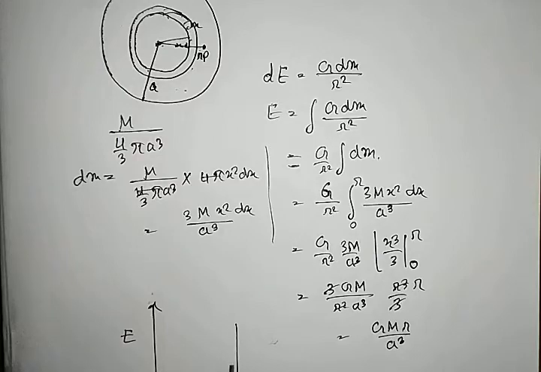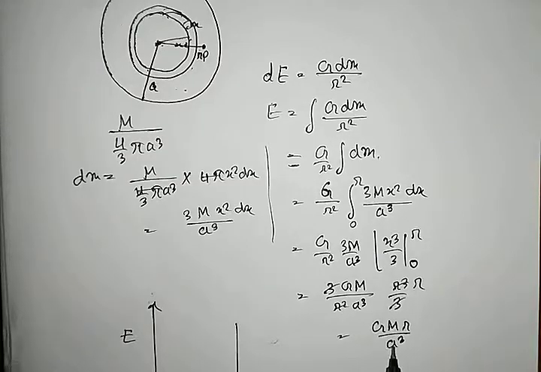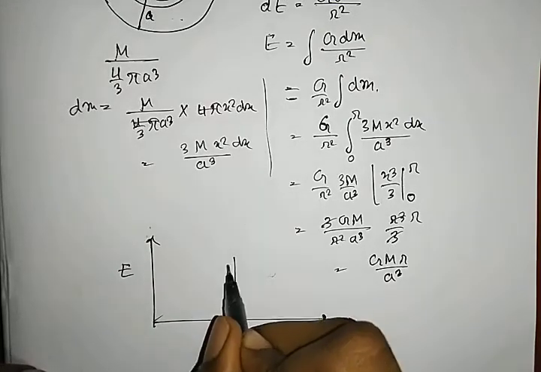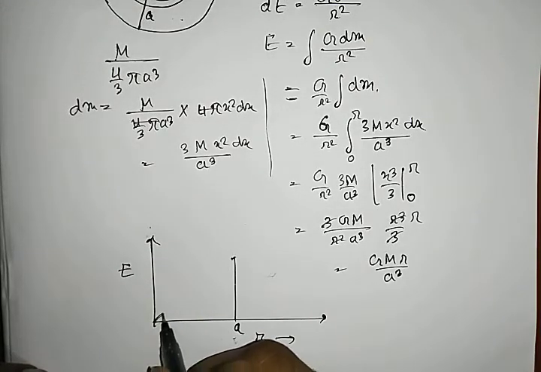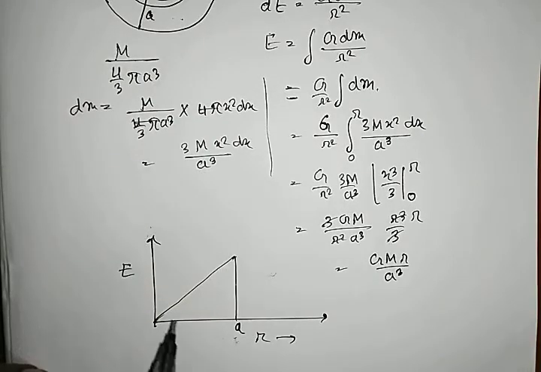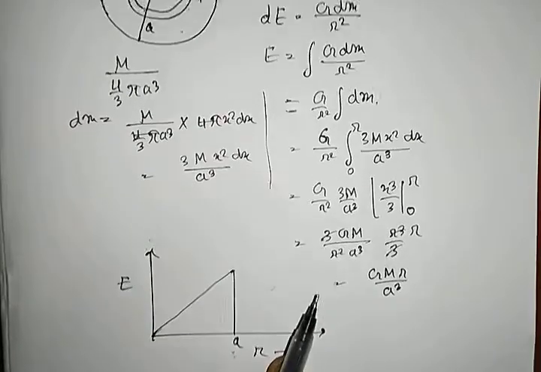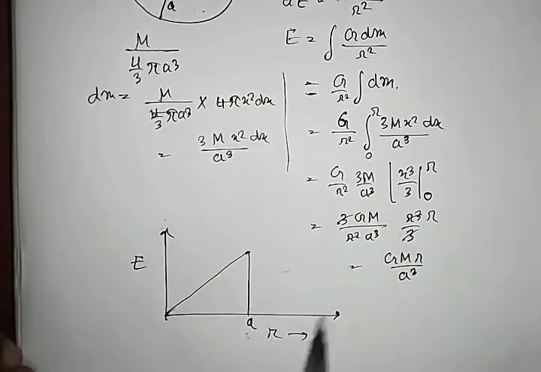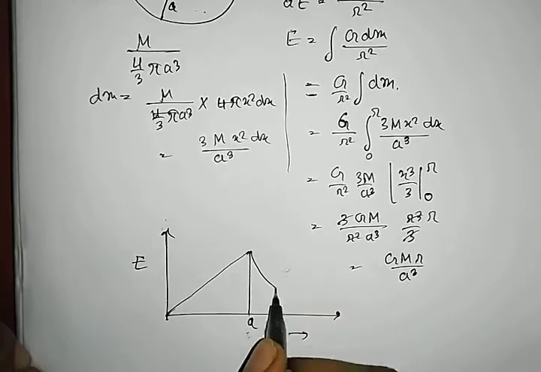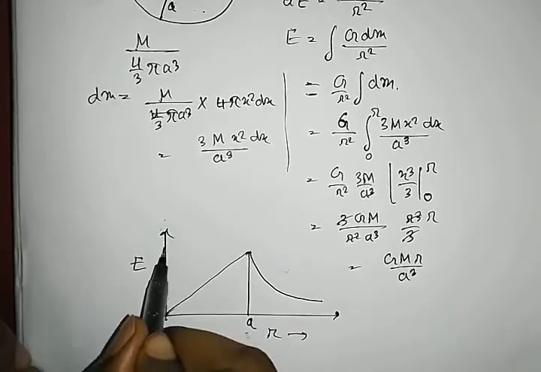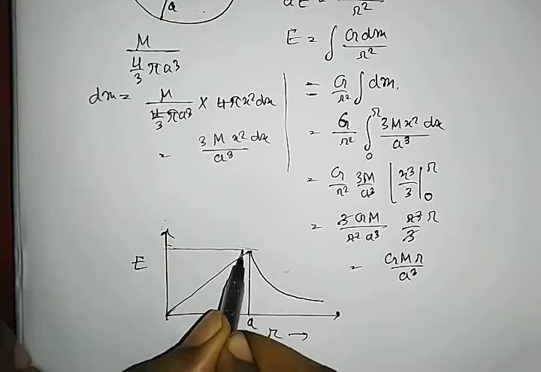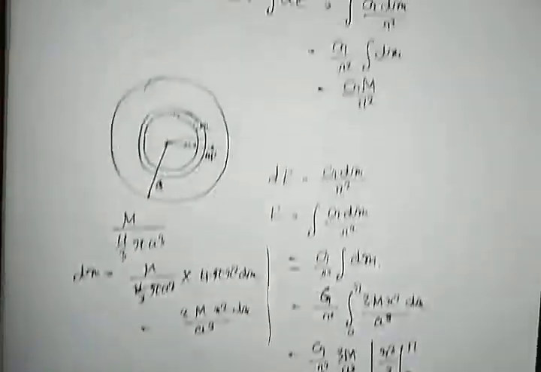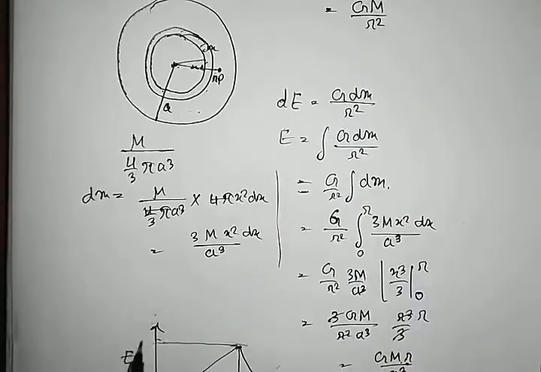Since inside the radius the field increases linearly with r, we'll find the field increasing like this, and outside the sphere the expression of the field is GM by r squared, so this will decrease like this, and at the maximum point the field becomes, just put a here, that is GM by a squared. So you will find this maximum.